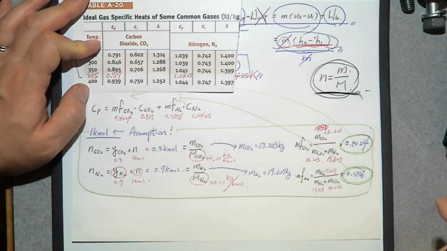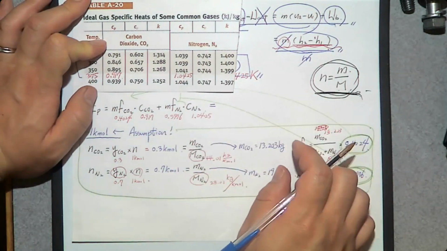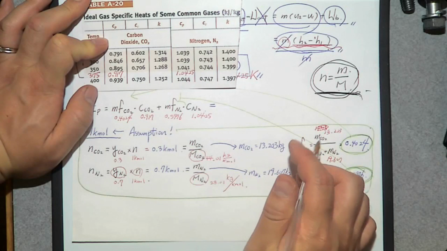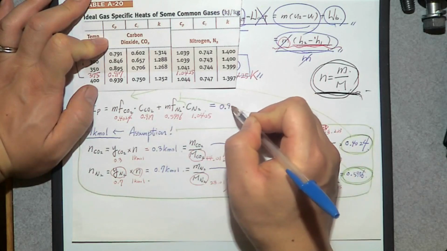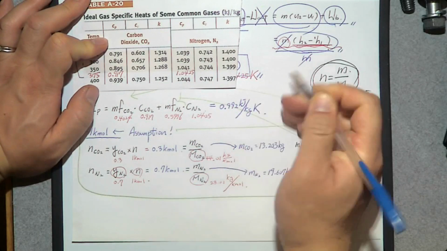So we have everything. You can determine the specific heat of the mixture, and that is 0.992 kilojoule per kilogram Kelvin.